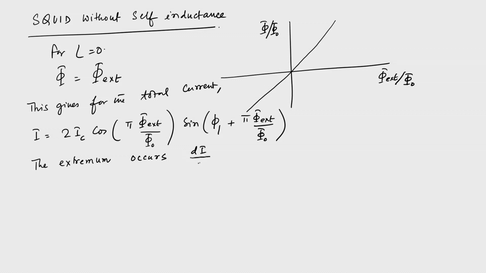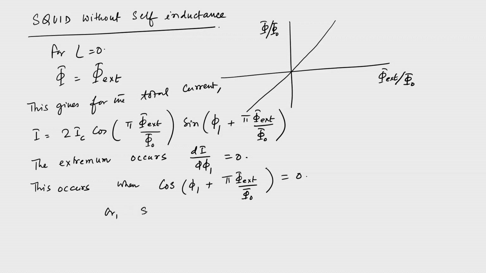For d I d phi 1 equal to 0, this occurs when cosine of phi 1 plus pi phi external by phi 0 is equal to 0, or equivalently the sine is completely out of phase, as we know.